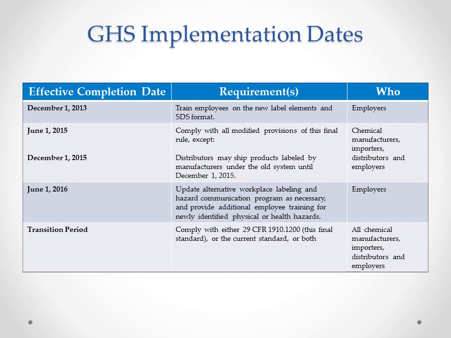So all the stuff that's hiding in closets, all the things that people keep just in case, they'll either have to use them up or dispose of them, or put the new labels on them and get the new safety data sheets. From now till then, there'll be a transition period. You'll see as chemical manufacturers retest their products and prepare their new safety data sheets and labels, they'll start phasing those in.